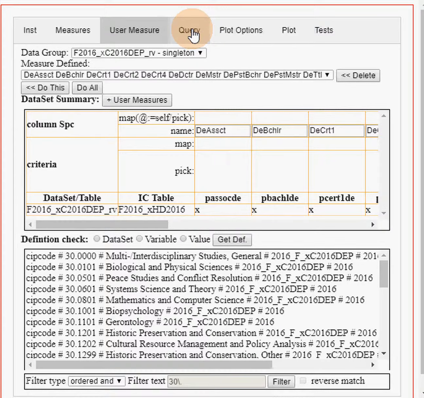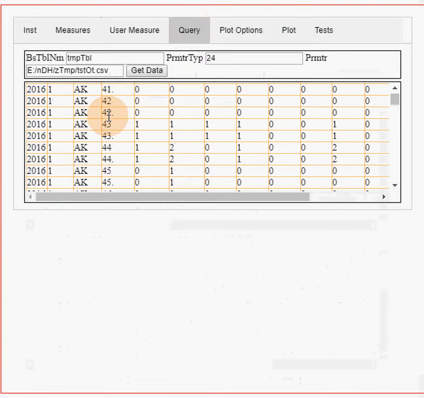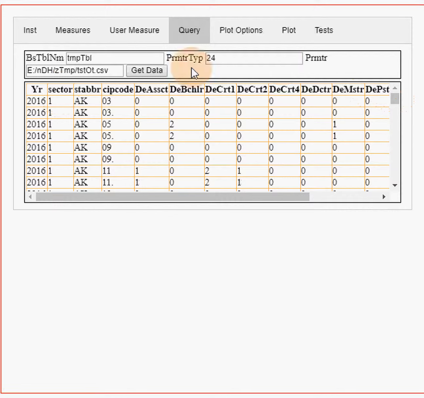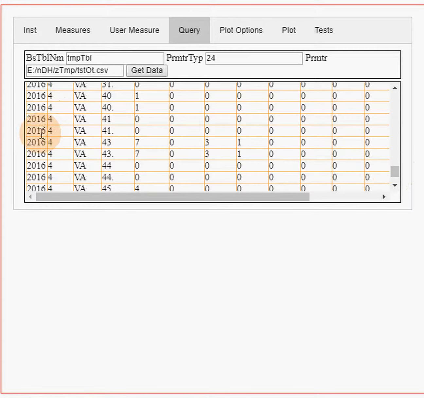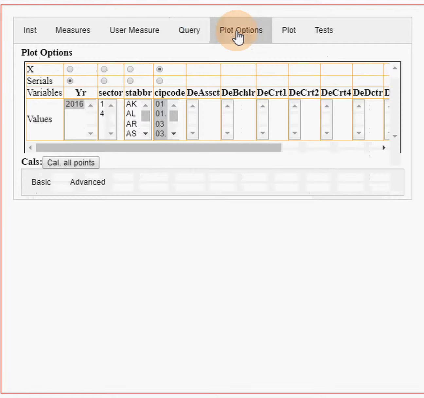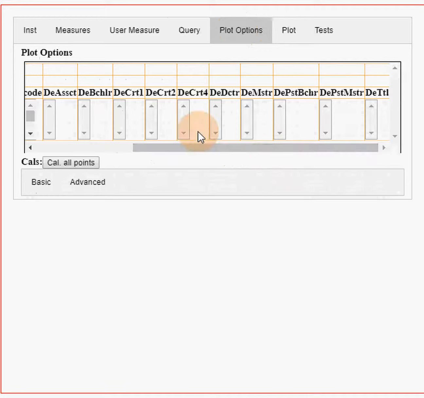In the query tab you can see we get information from sector 1, and we also get the data from sector 4. If we go to the product options, it's basically the same thing, except that there are more levels showing up here.